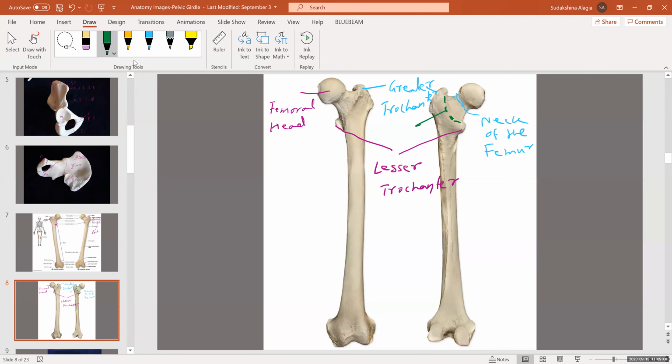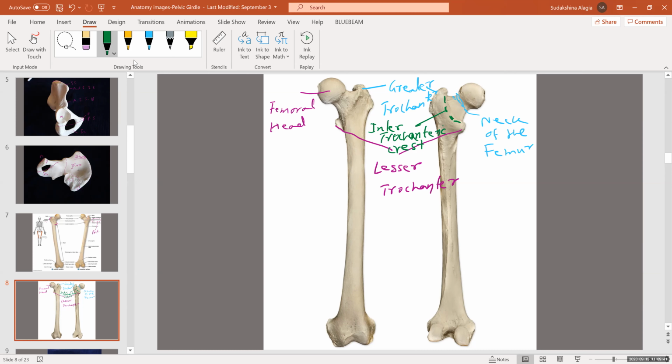Yep, that is the intertrochanteric crest. Okay. What else can we see here?